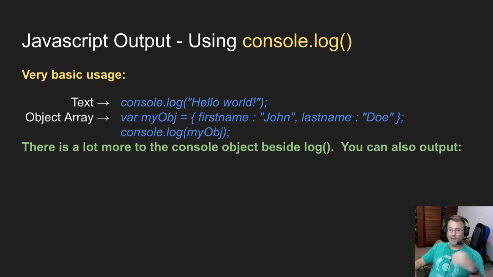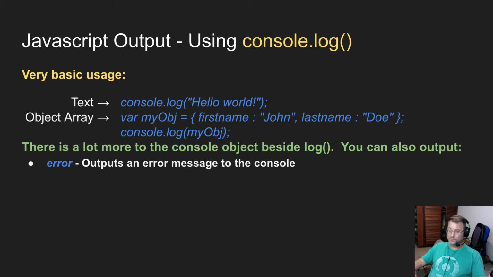Now, there's a lot more to the console object besides log. And I want to mention these briefly. You can also output error messages. So if there is something going on your page that you need to capture a certain error, you can output that. And this becomes useful if you've written a website and it's out in production, people are using it, and something breaks.